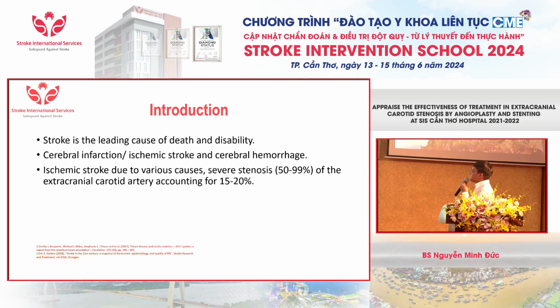disability. Stroke has two causes: cerebral infarction, or ischemic stroke, and cerebral hemorrhage. Ischemic stroke has various causes, such as cardiac thrombosis and stenosis, but severe stenosis of the extracranial carotid artery accounts for about 15 to 20% of them.